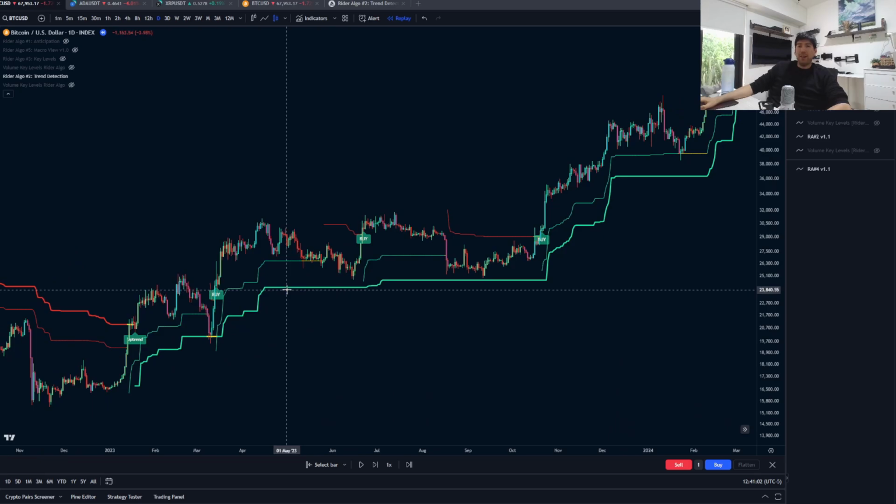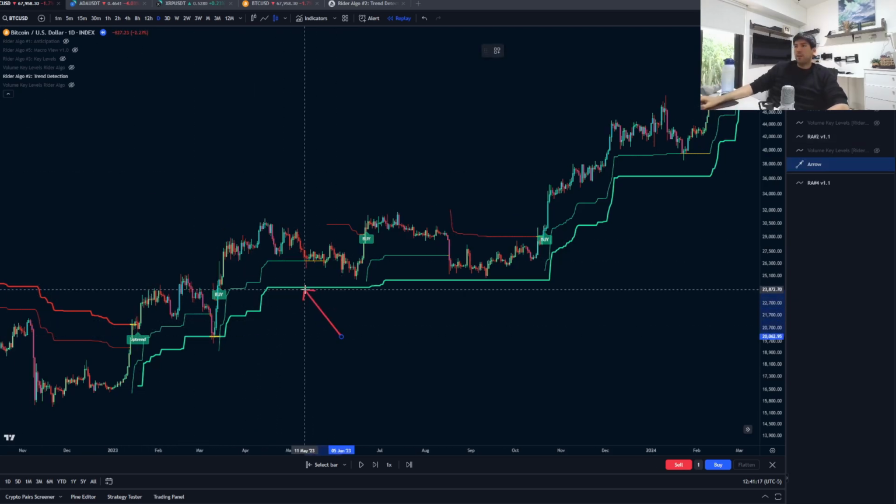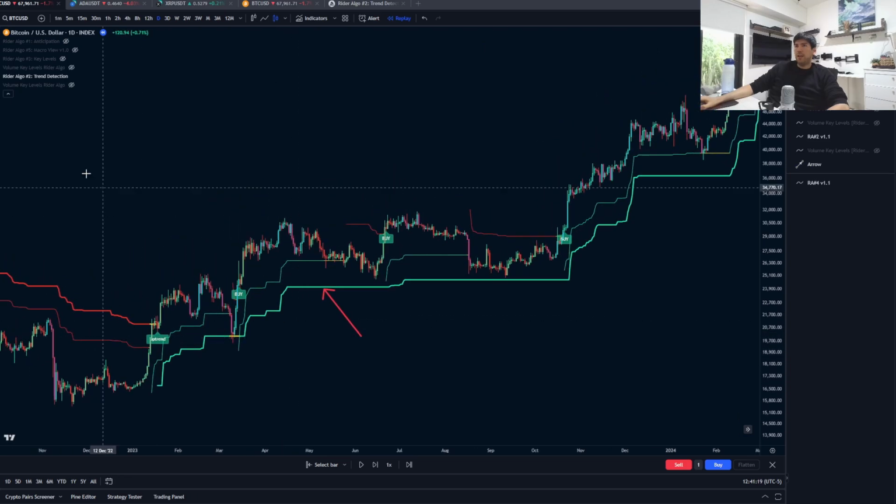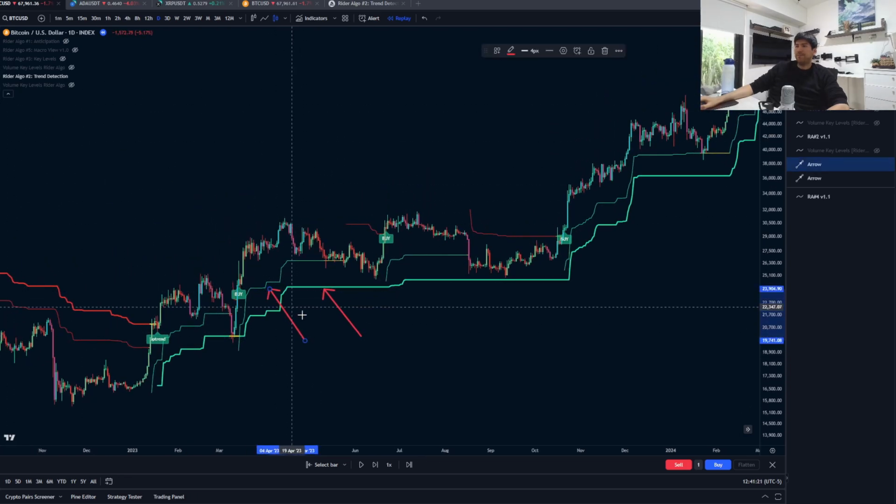You see a thicker line that goes along with the uptrend, and vice versa for the downtrend and the red lines. So you see a thicker line here, and you will see a thinner line here.